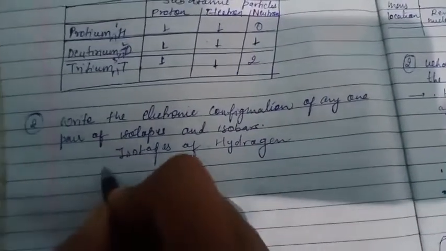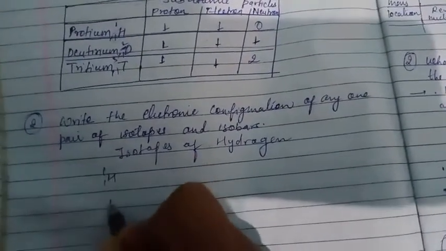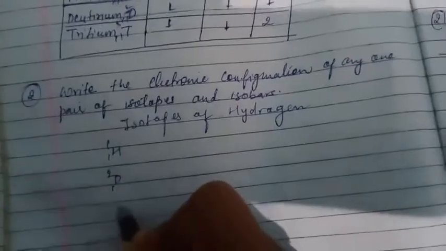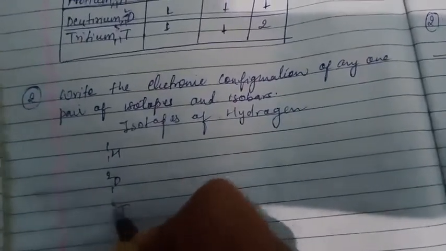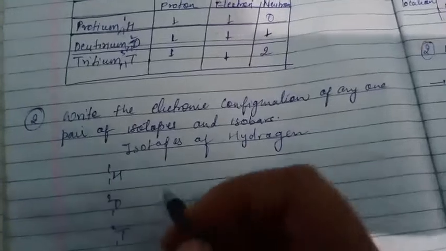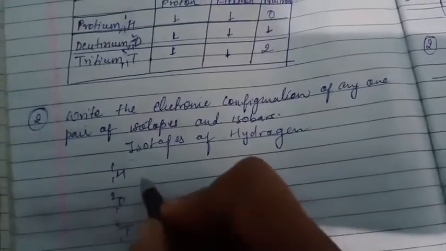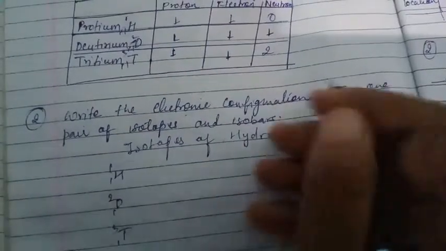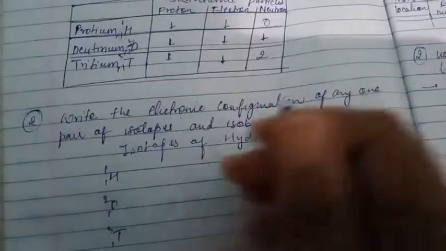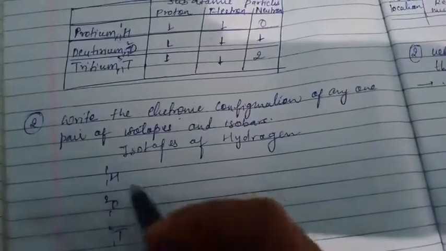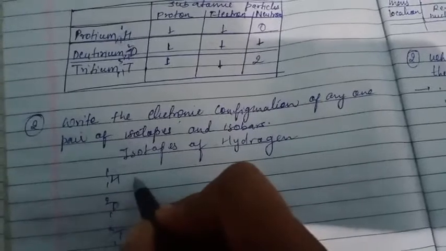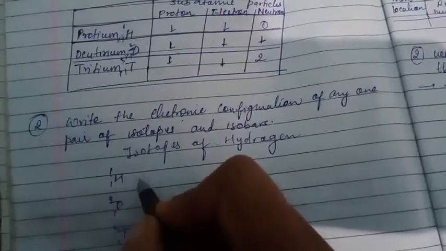Isotopes of hydrogen are protium, deuterium and tritium. So I have written the symbol of each of the isotopes, and we have to write what? Electronic configuration of any one pair of isobar. So this is the one pair of isotopes of hydrogen element.